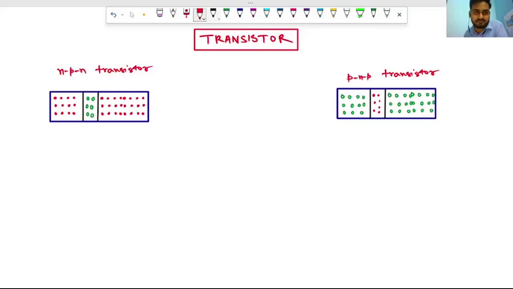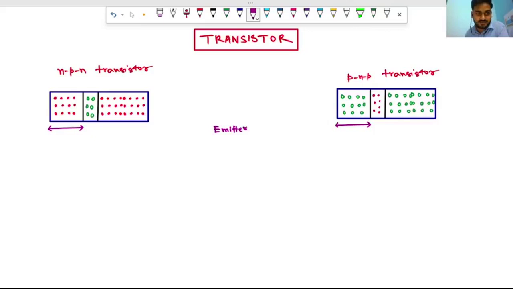These three segments have names. The name of this segment is emitter. This segment emits the charge carriers.